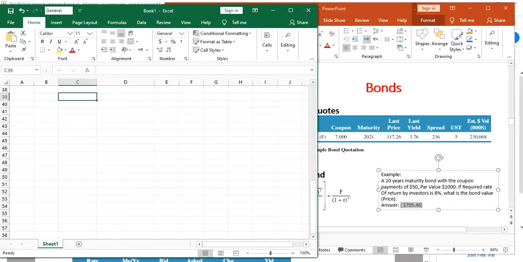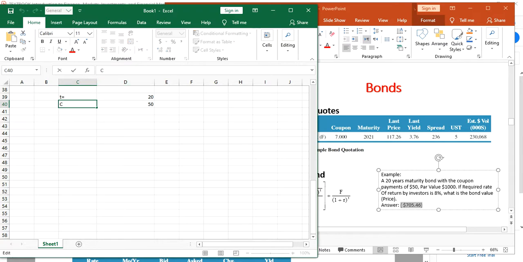Now we have a 20-year maturity bond, so t equals 20. Payments of $50, coupon payments. C equals $50.